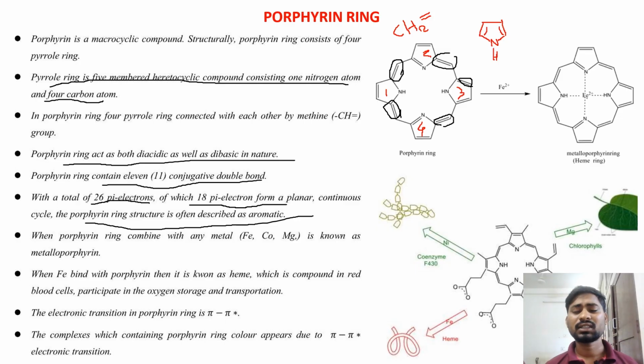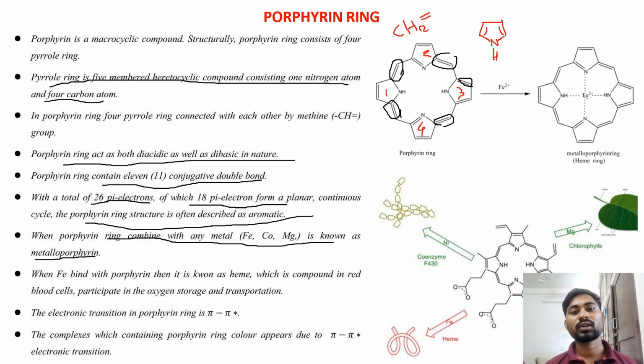Every aromatic compound has extra stability. They have highly stable conjugation and are sp2 hybridized. Then only can we say aromatic compounds are highly stable. Porphyrin ring can combine with any metal, for example ferrous, cobalt, and magnesium, which is known as metalloporphyrin.